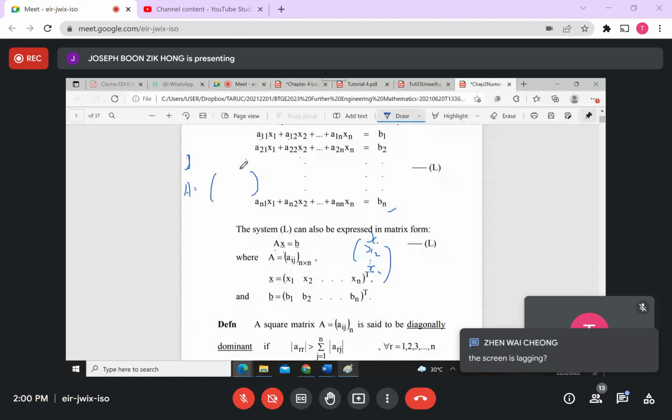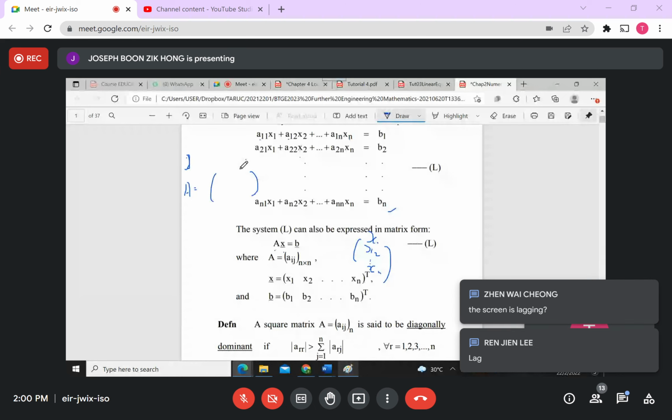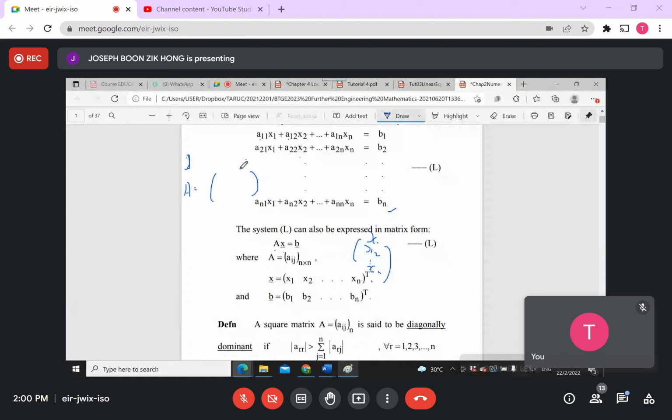Even if this one is negative, negative 4, because we need the modulus, so 4 is greater than 1. This is called diagonal dominant.